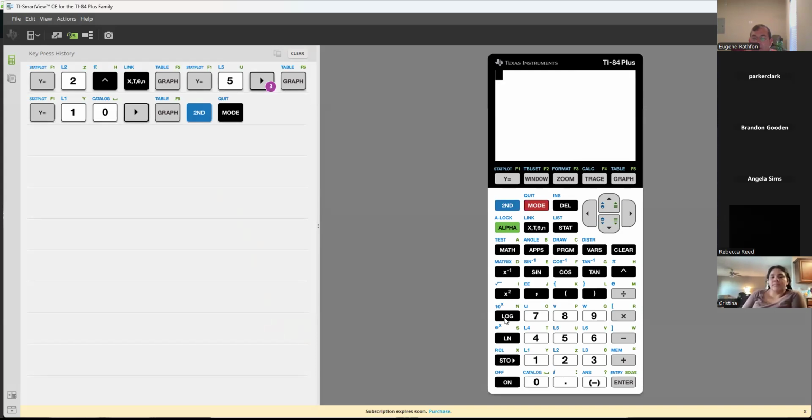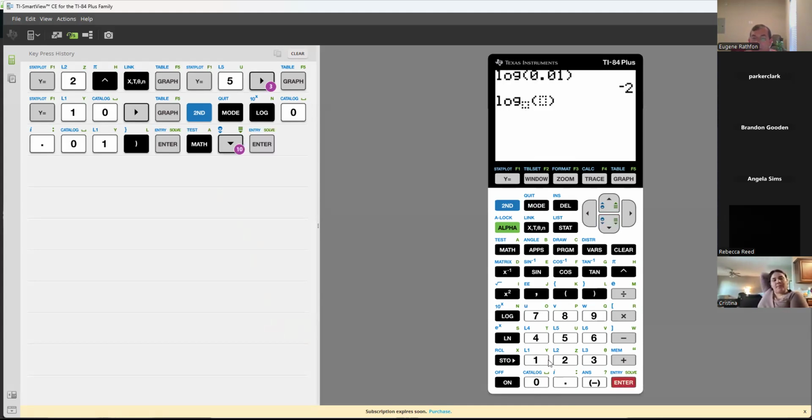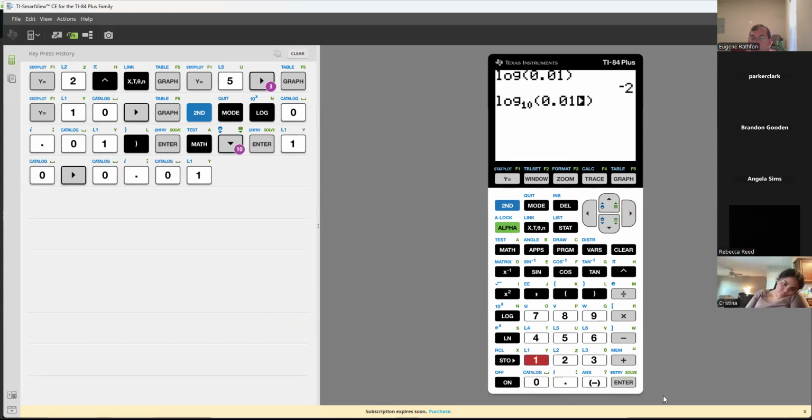So since it's a log base 10, I could have used this log right here by the 7 and then punched in a 0.01 and enter. Or you could have did the math and went down to the log base that way and hit enter. And on this one, you could have actually put in the 10 and then the 0.01 and enter. Either way, you're going to get a -2, okay?